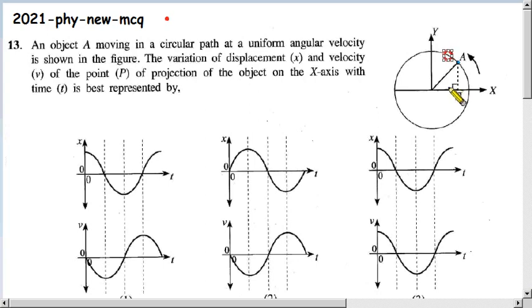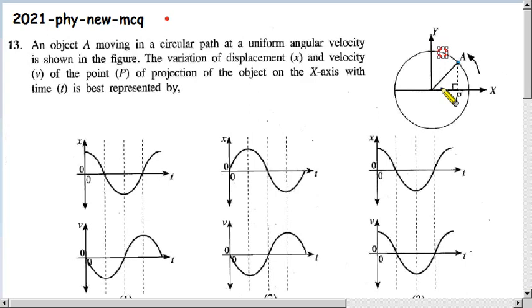So what happens? The point P is moving little by little left, that means my pen is moving little by little left, because this pen is at the point P. P is not fixed, so point P is moving because the point P is the projection of the object on the x-axis.